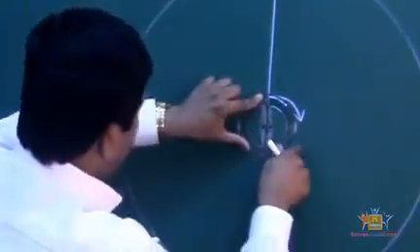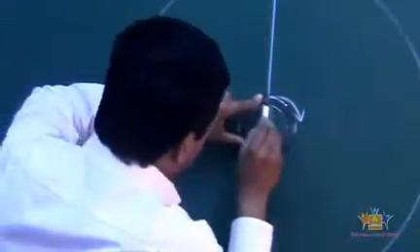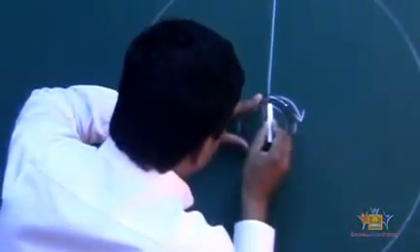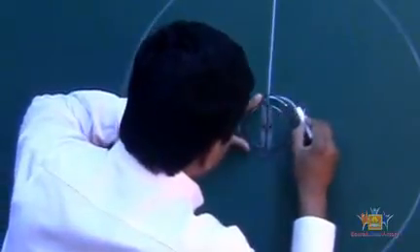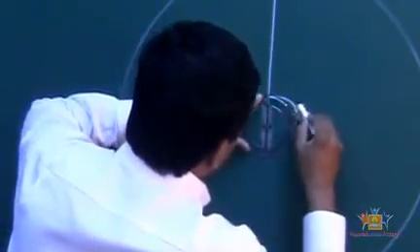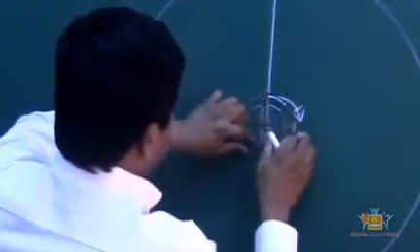Now this is my 0, so I want to look for 60. So 10, 20, 30, 40, 50, 60 is right there. I mark it right there and put a line like that. That's my 60 degrees.